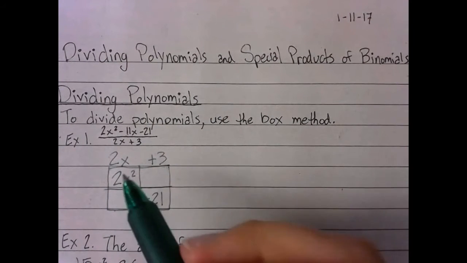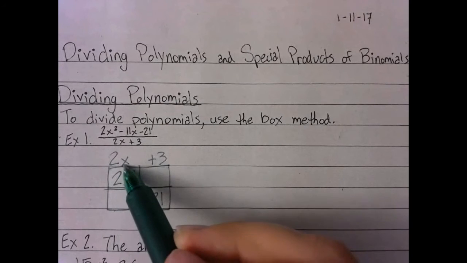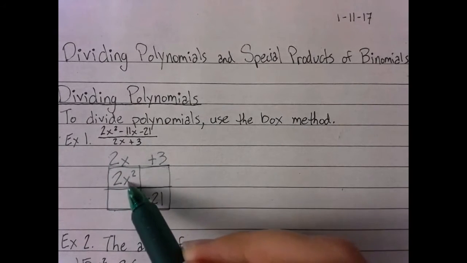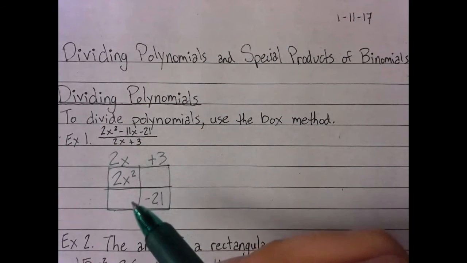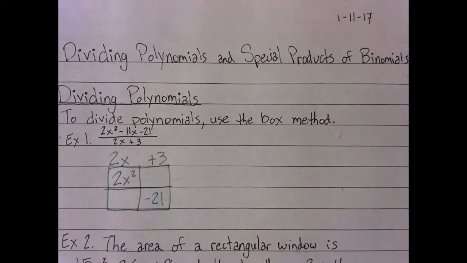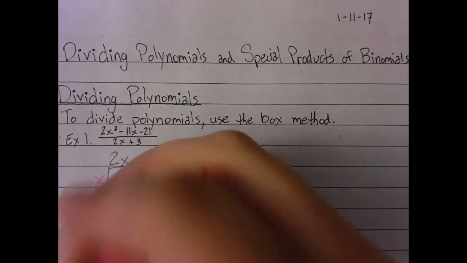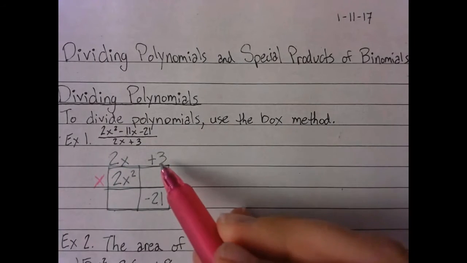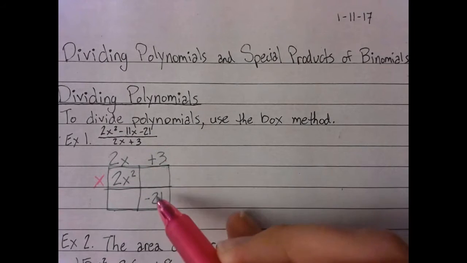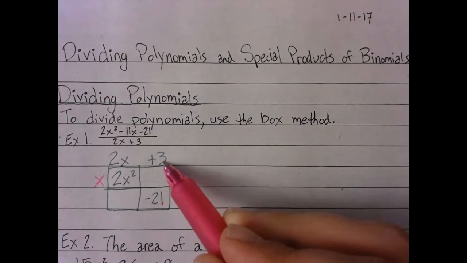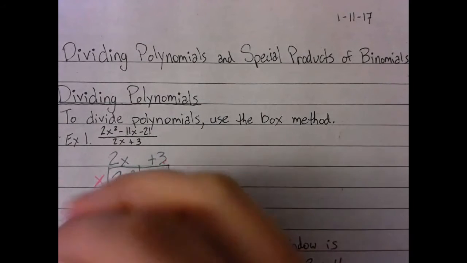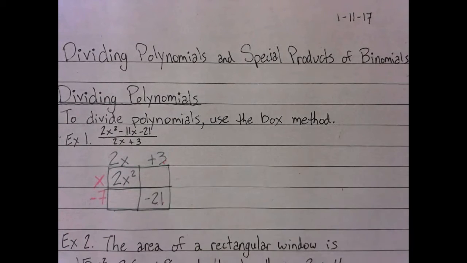Now ask yourself, what times 2x gives us 2x squared? Well, that's just x. Then what times 3 gives me negative 21? In other words, negative 21 divided by 3 gives me negative 7.